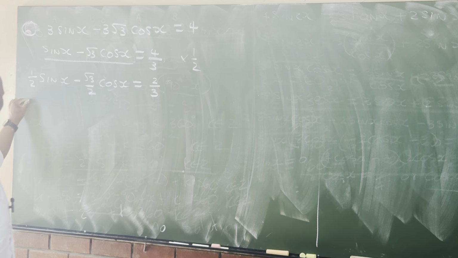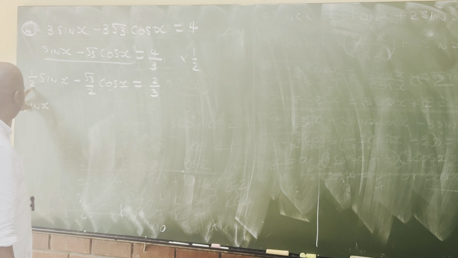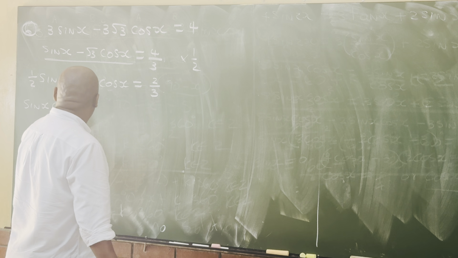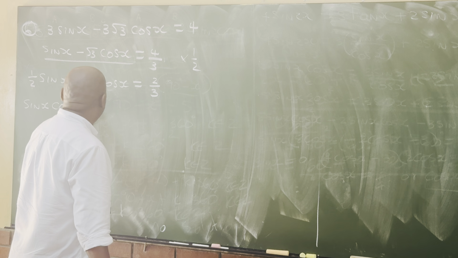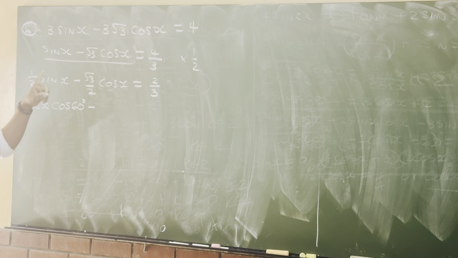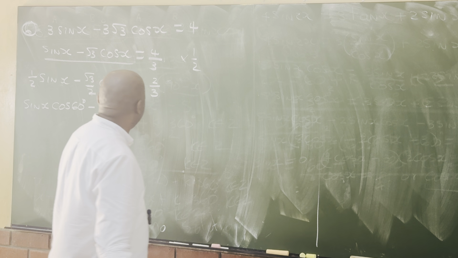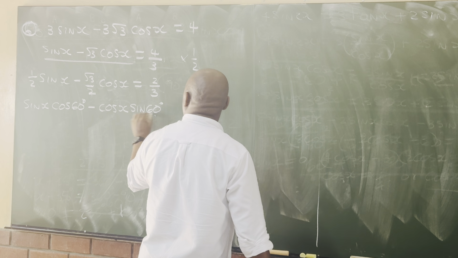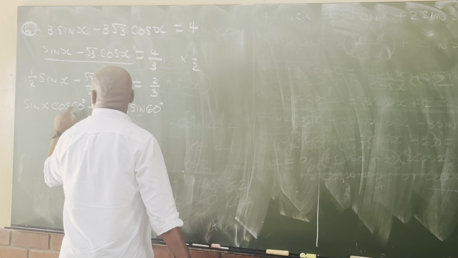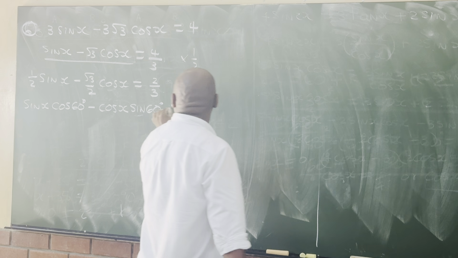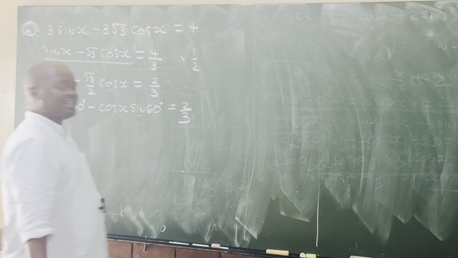So this is sine x cos 60, minus, if you like, you can go to cos, but let's choose sine, cos x sine 60. If you punch in your calculator sine 60, you'll get this. If you say cos 60, you'll get half. So this is equals to 2 over 3.